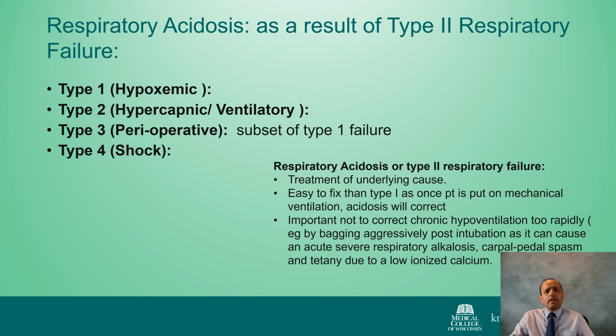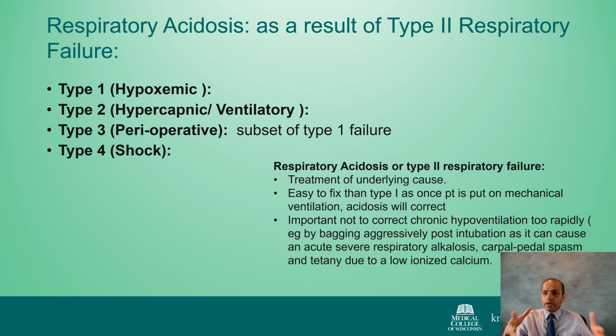In type 2 respiratory failure, where you see respiratory acidosis, if you treat the underlying cause, you are going to fix that respiratory acidosis as soon as you put that patient on mechanical ventilation. The correction is very much easier, in contrast to type 1 respiratory failure, which is a little bit difficult to treat, because in type 1 respiratory failure they are hypoxic, and there are 5 causes of hypoxemia that I'm going to talk about.